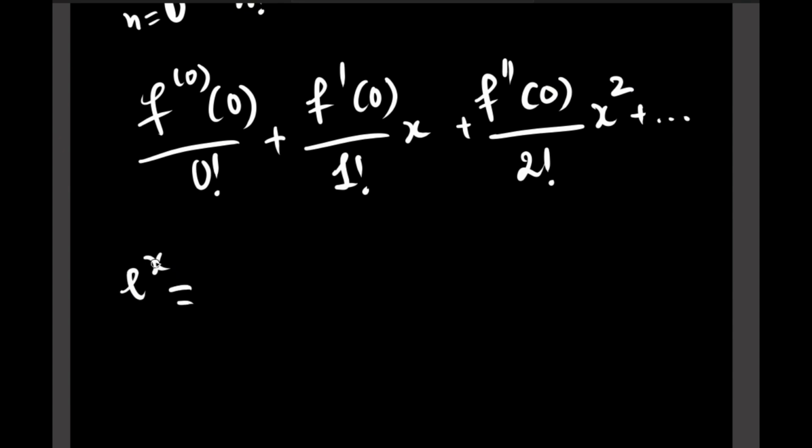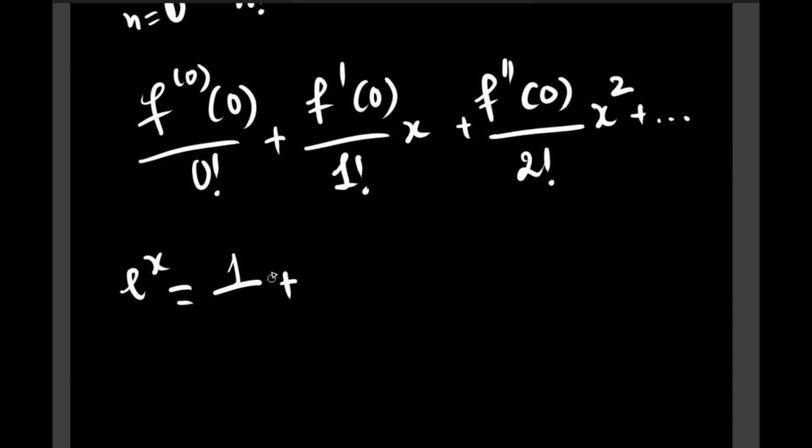The first term is going to be e to the power of 0 over the factorial of 0, and the factorial of 0 is 1. It will be 1 over 1, so it's going to be 1. This is the first term of the Maclaurin series for e to the power of x.